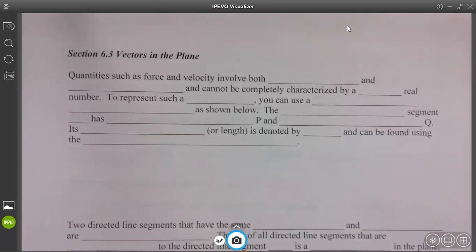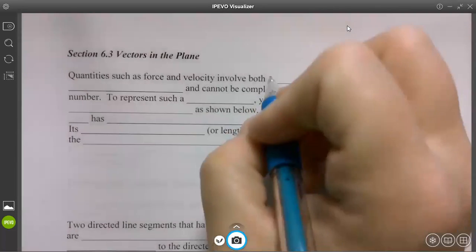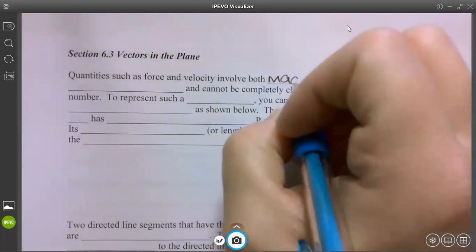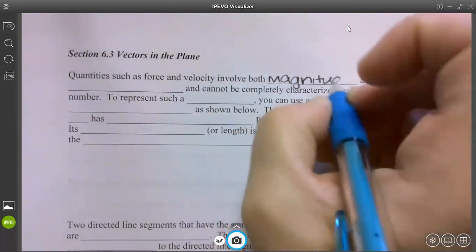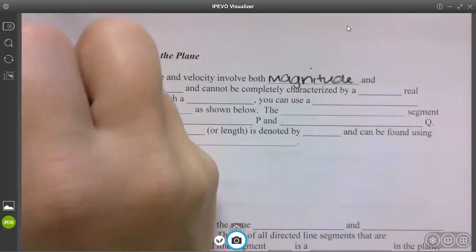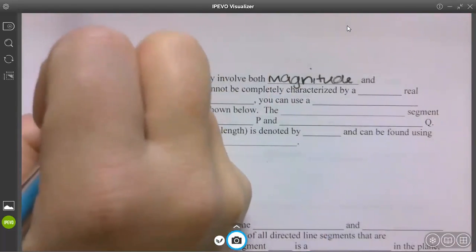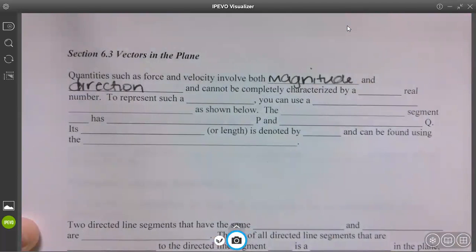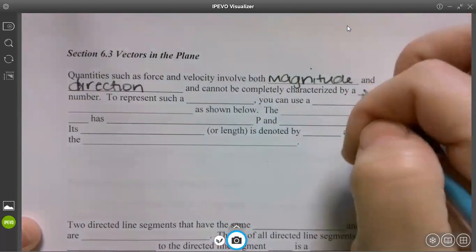So quantities such as force and velocity involve both magnitude and direction, and cannot be completely characterized by a single real number.